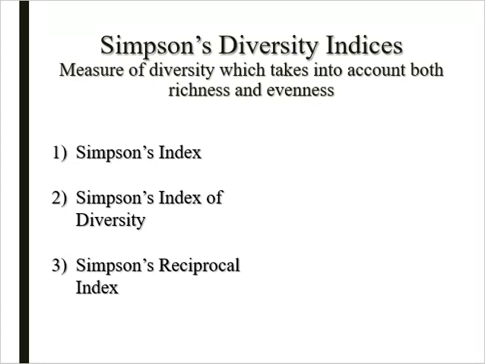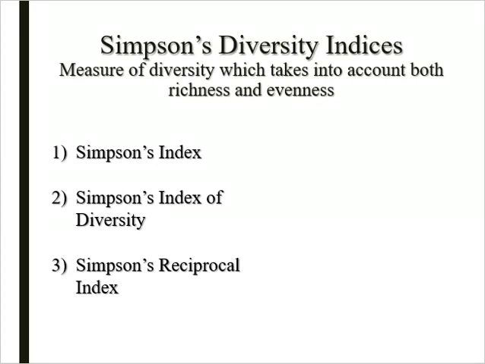Dominance indices are weighted toward the abundance of the commonest species, and they do not take into account rare species of a community like your information indices. That's a disadvantage of dominance indices in general.